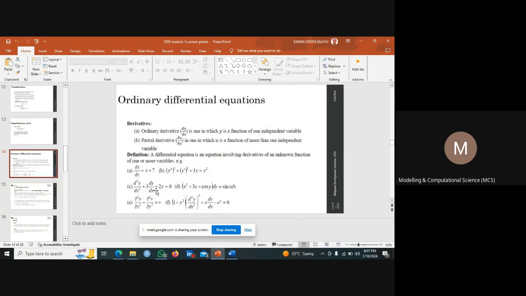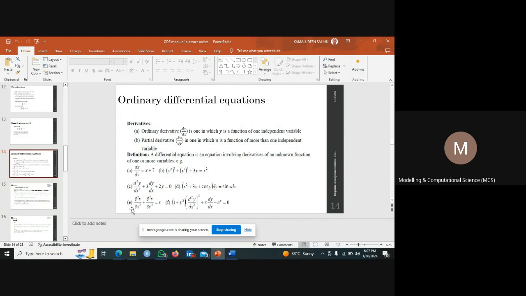So when you check them very well, A, you can see it is an ordinary differential equation. B also is an ordinary differential equation. C is also an ordinary differential equation, and F, right?